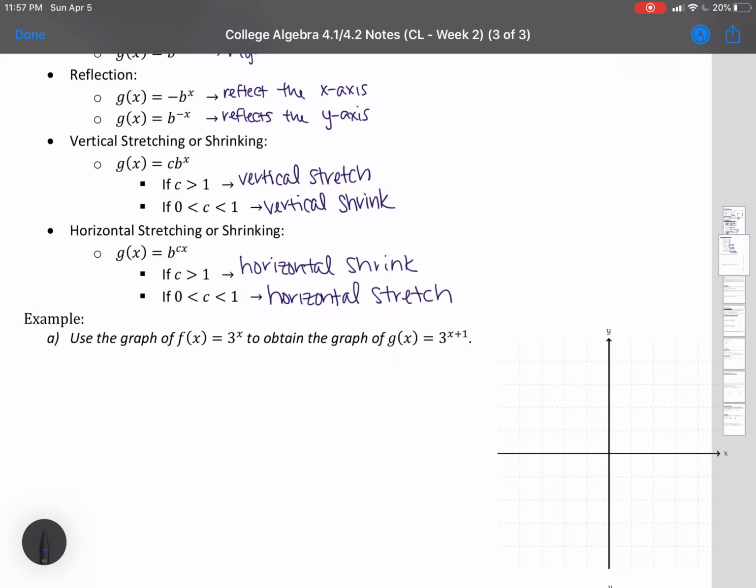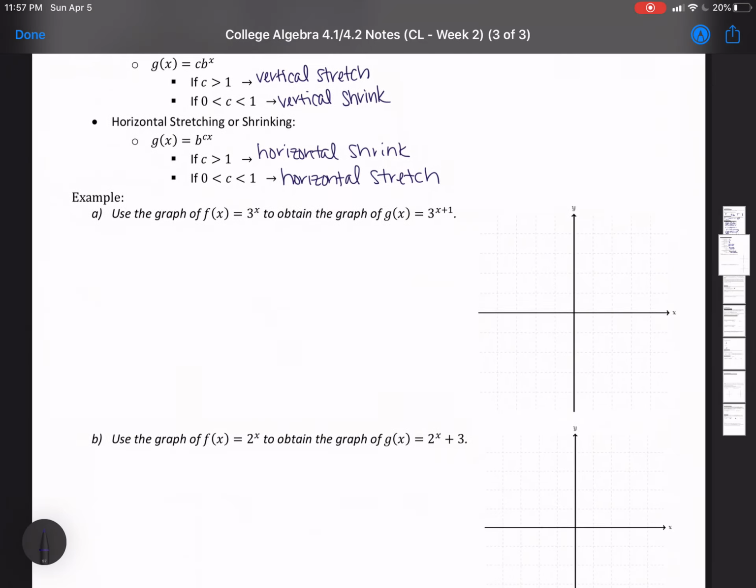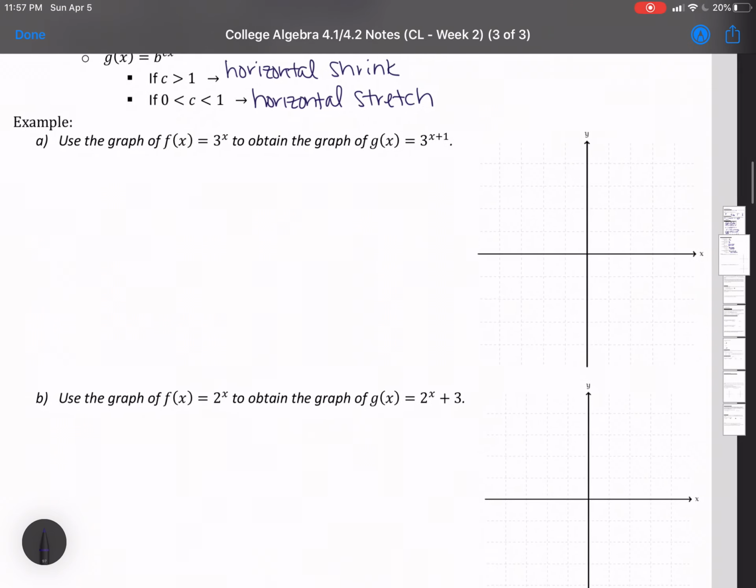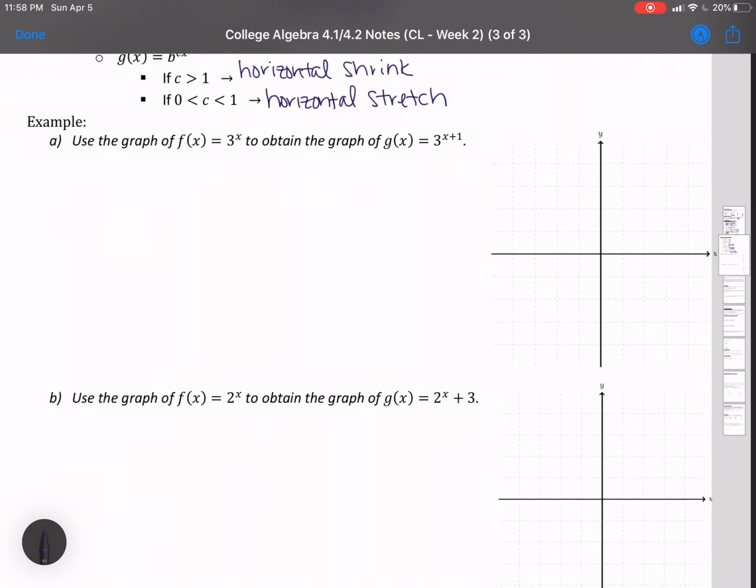All right. So with our graphs, we're going to use our parent function, f of x equals 3 to the x power, to obtain the graph g of x equals 3 to the x plus 1 power. So whenever you're graphing these, what I suggest you do is make a table. And we kind of talked about this in our characteristics.